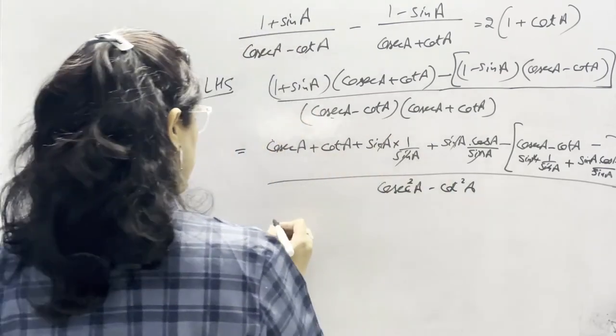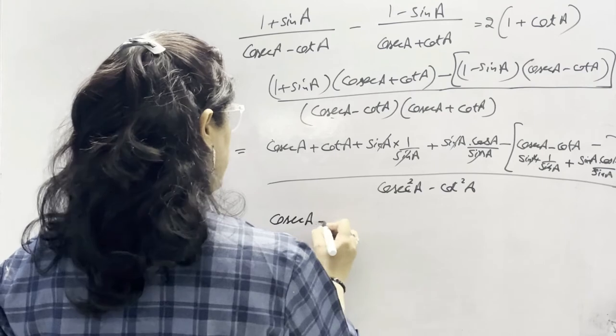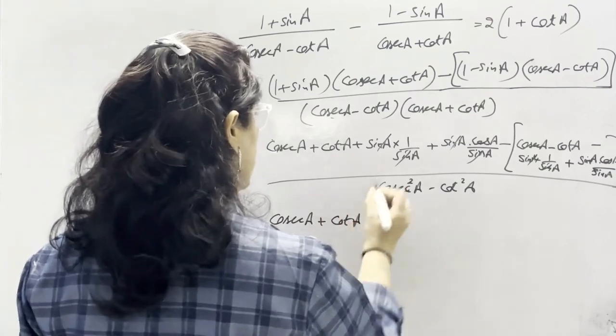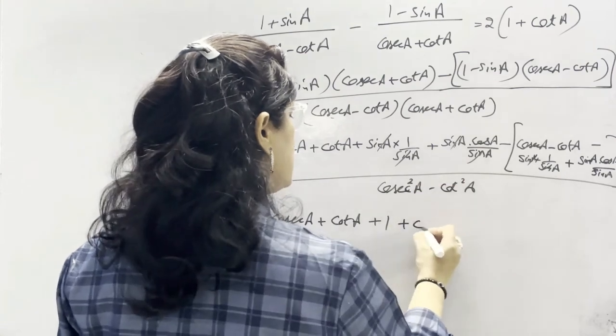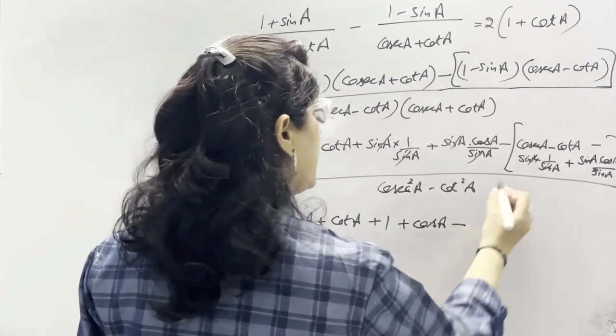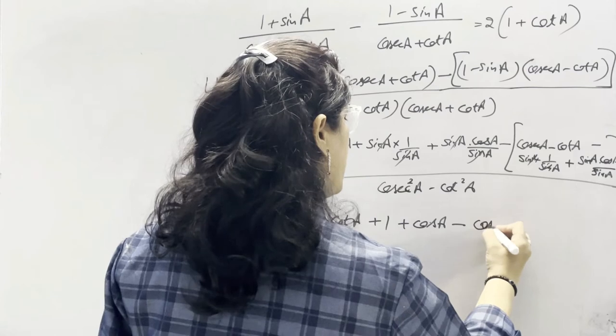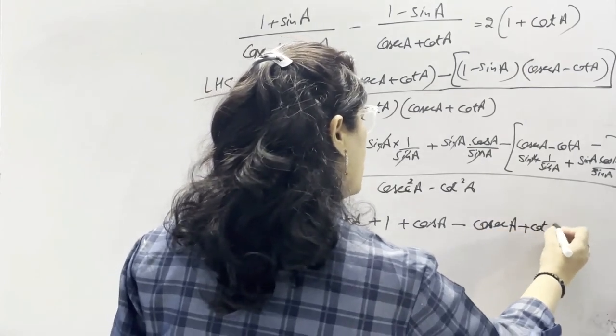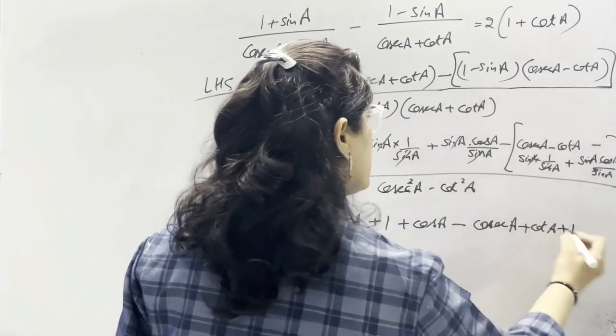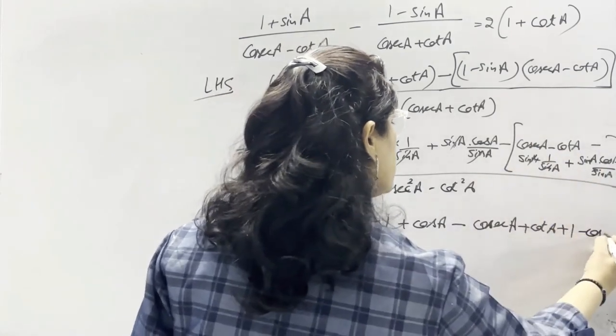Now in the numerator, cosec a plus cot a, sin cancels, it means plus 1. Here sin cancels, it means cos a. Then minus, we are opening this bracket, minus cosec a plus cot a, minus minus plus 1, and then minus cos a.